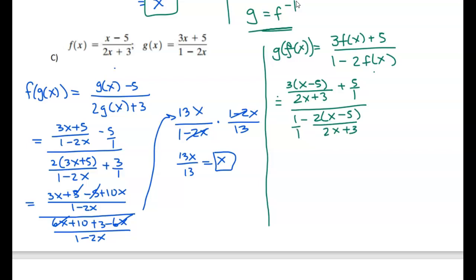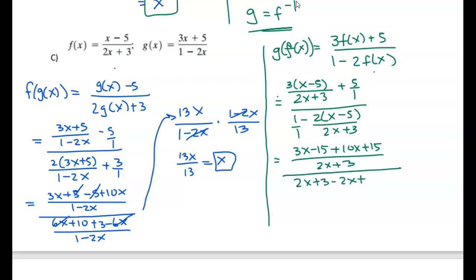Okay. So let's find common denominators. So we have 3x minus 15 plus 5 times (2x plus 3), so 10x plus 15, divided by 2x plus 3. Over, let's multiply that by 2x plus 3, minus 2x plus 10, divided by 2x plus 3.